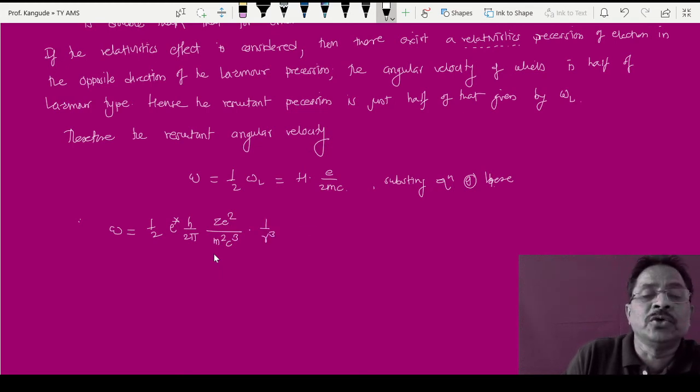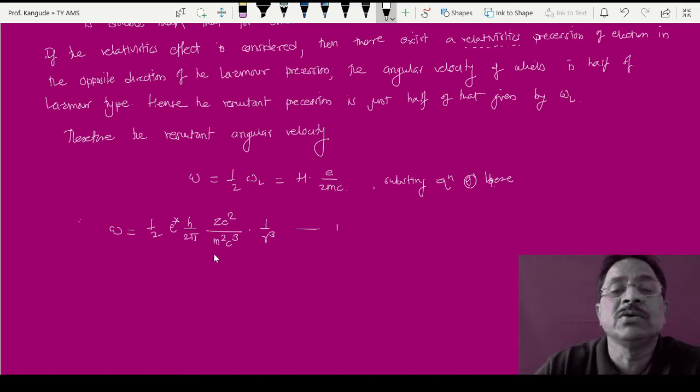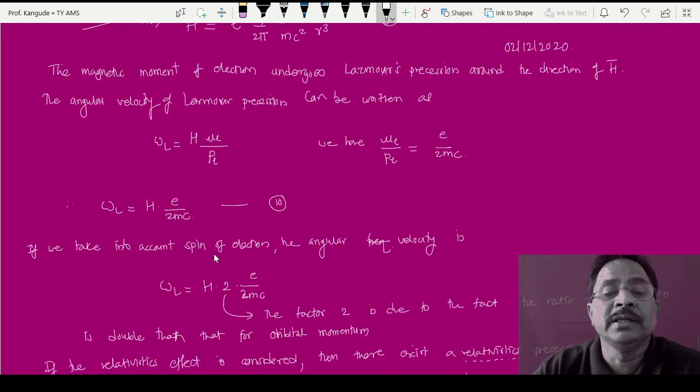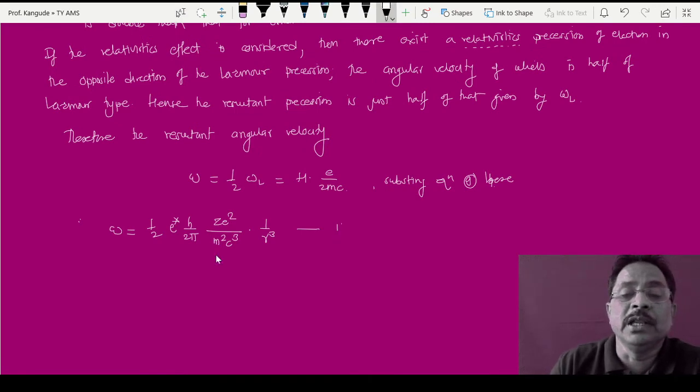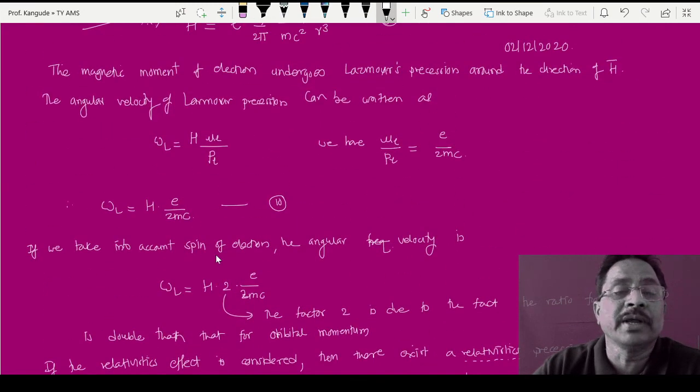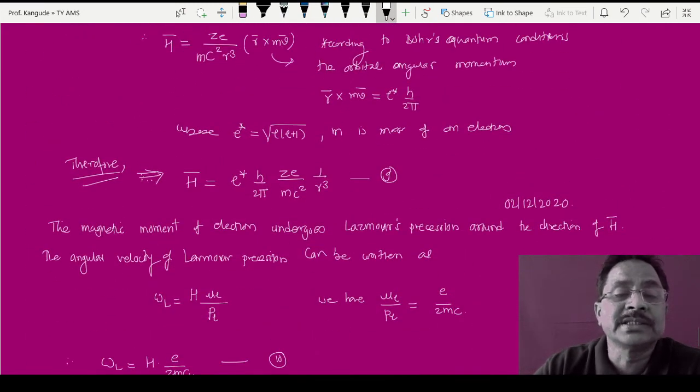This is my equation number, how much is it now? Earlier we have 9, this is 10, this is 11, equation number 11. So I get, see, this is what our H bar is, L star into H upon twice pi ZE upon MC square into 1 upon R cube.